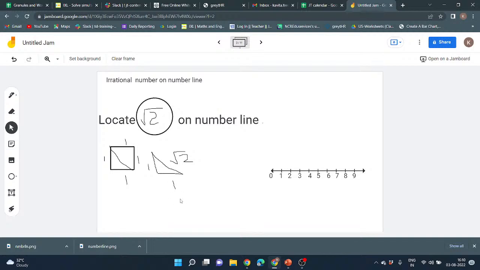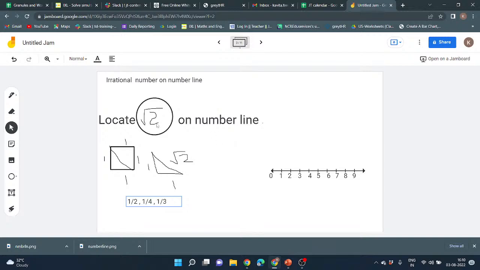Basically, what we learn is that we locate just integers or some kind of fractions on a number line, like we can locate 1, 2, 3, 4 and some fractions like half, 1/4 or 1/3. So how can we locate these irrational numbers on a number line?